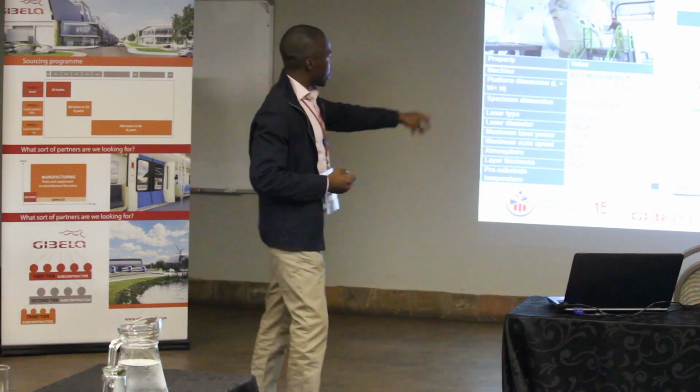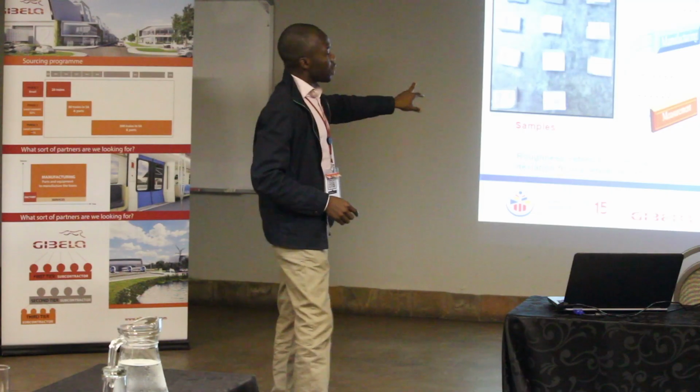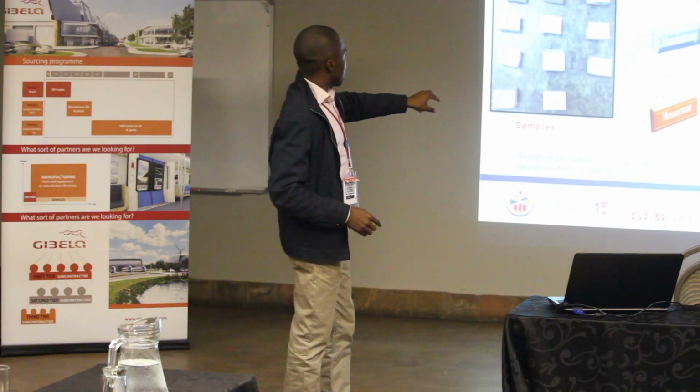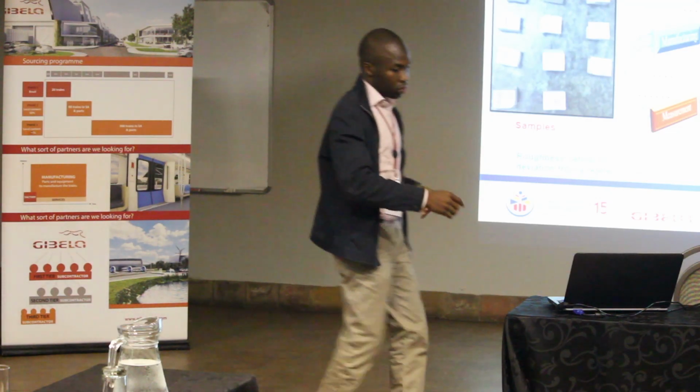From this production system, these specimens were produced, and the surface was determined using what is called surface measuring equipment. What was carried out was manufacturing and testing for performance, and also the measurement.